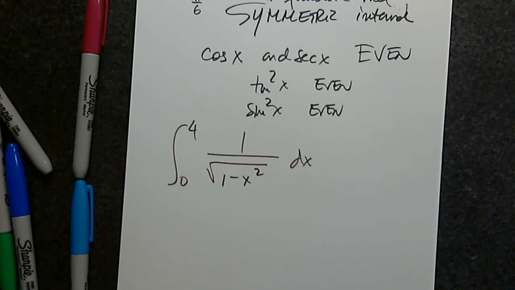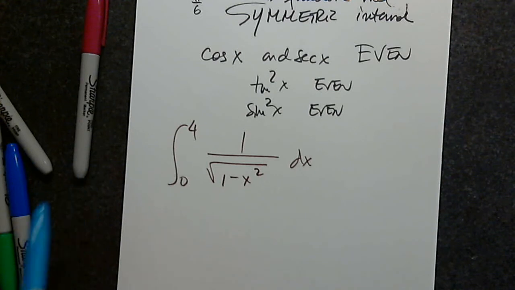But the function is not continuous. Can you give an example where it's not continuous? At 1 it's not continuous. What about at 4? It doesn't even exist, right? Because it's 1 minus 16, which is a negative number.